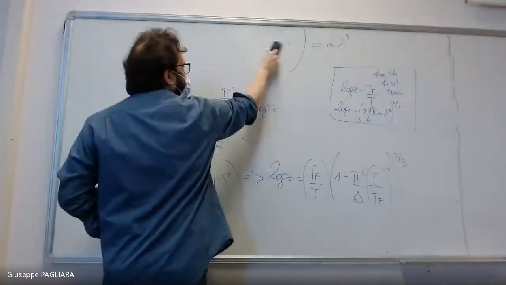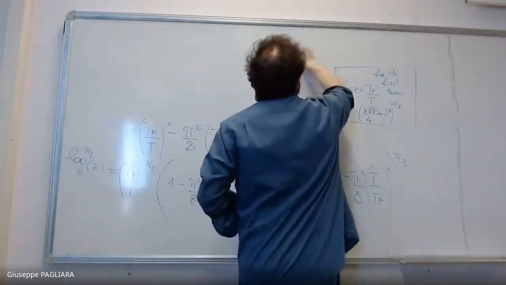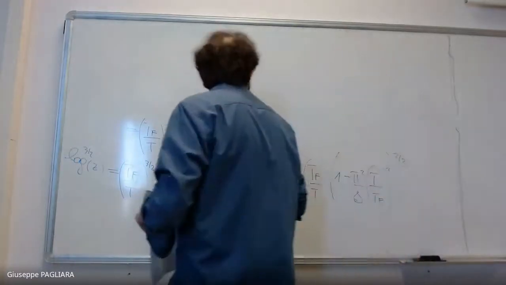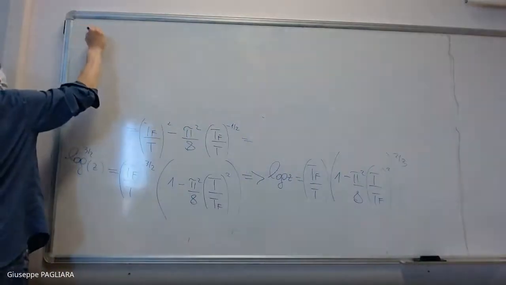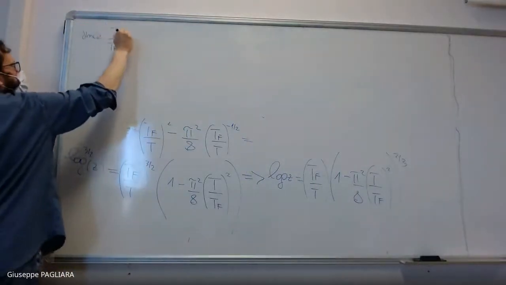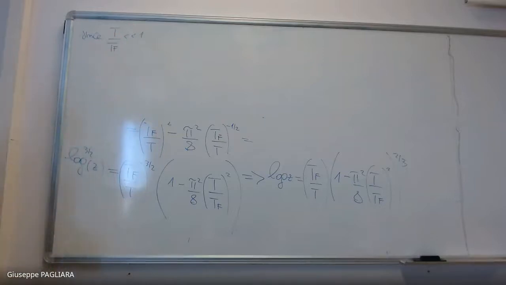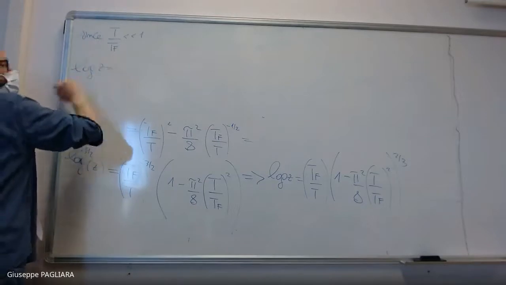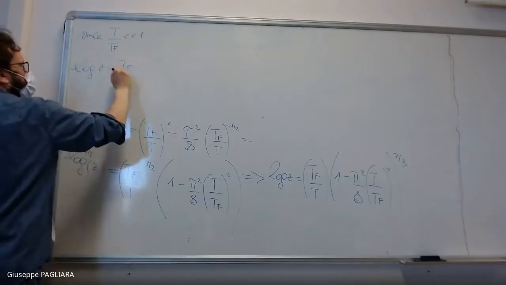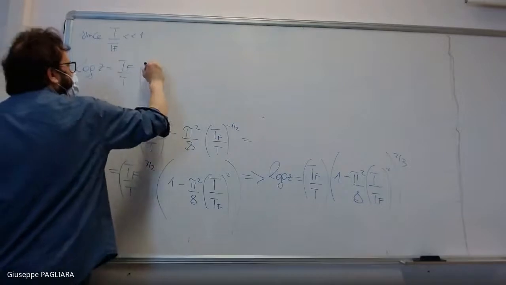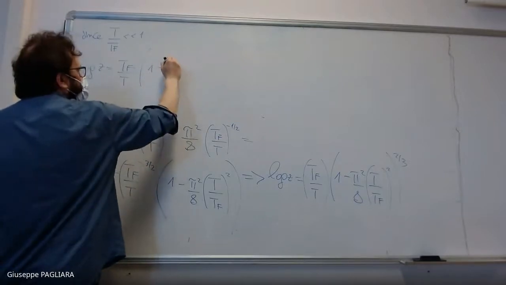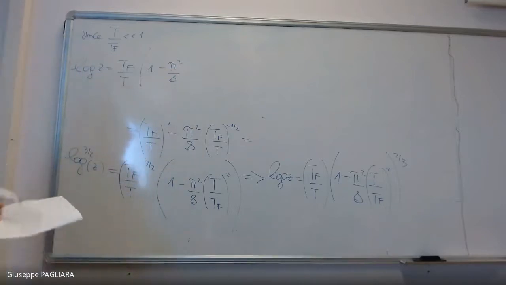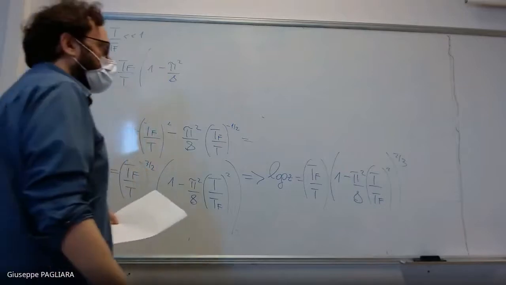As T is small, I can use the expansion. Since T divided by Tf is very small, in the limit in which we are working, log of z is equal to Tf divided by T, and here I have 1 minus pi squared divided by 8, and then the 2/3 goes here, basically.